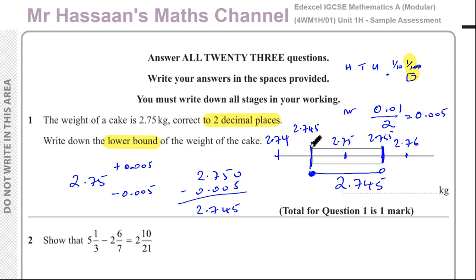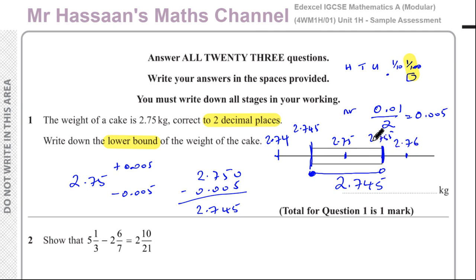So anything that is 2.745 and above, when you round it, will get to 2.75. So that's the lowest it can be, such that it rounds to 2.75. If it's any lower than that, it will round to 2.74, because it'll be closer to 2.74 than 2.75. And if it's anything up to just before 2.755, then it will round to 2.75. If it's 2.755 and above, it will round to 2.76.